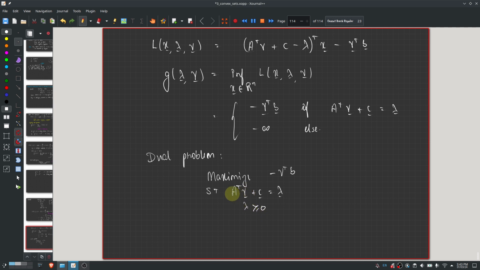Now I have two constraints over here, A transpose nu plus C equal to lambda and lambda greater than or equal to 0, but I can just replace this with a single inequality constraint because this does not contain lambda anywhere. This is the same as maximize minus nu transpose B subject to the constraint that A transpose nu plus C is greater than or equal to 0.